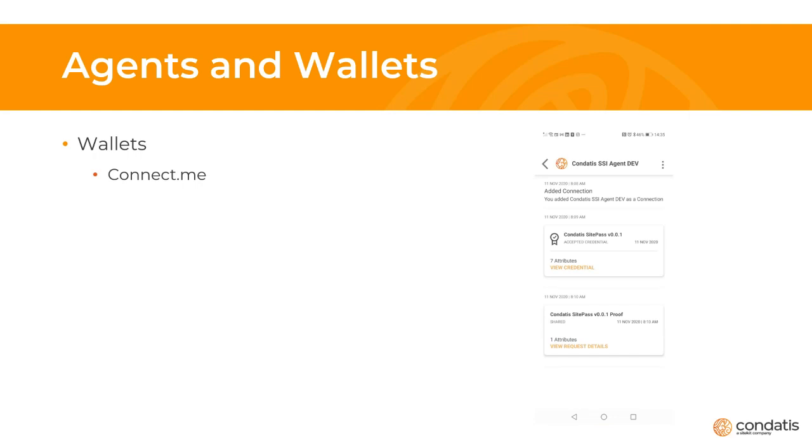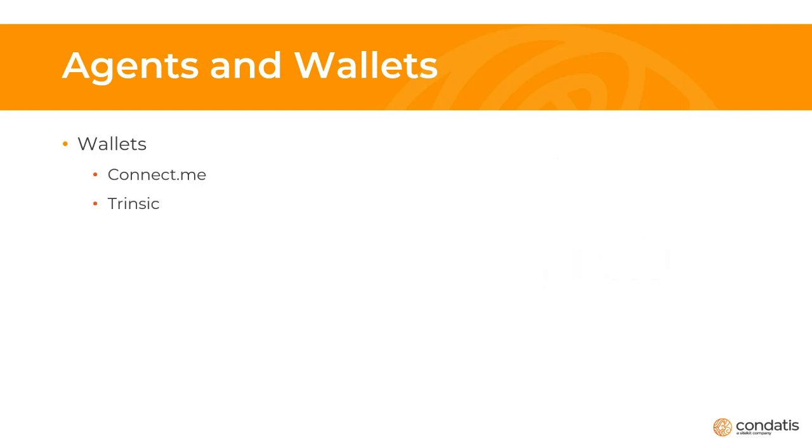We have a Trinsic wallet, which is another of the Aries families of wallets. And then we have SIOP wallets like Microsoft Authenticator. We'll also have web wallets, and there's many more wallets out there and many more currently in development, but they can all be categorized or grouped by the protocol standards and encryption that they support.